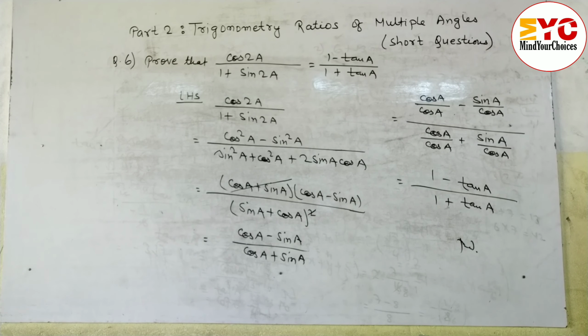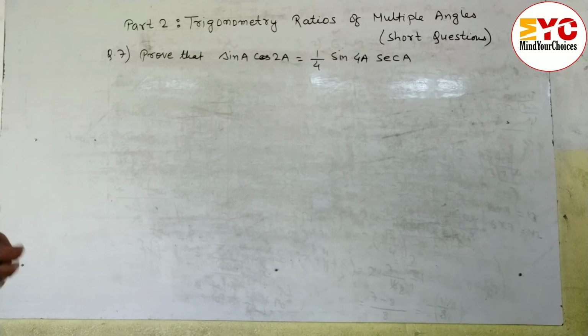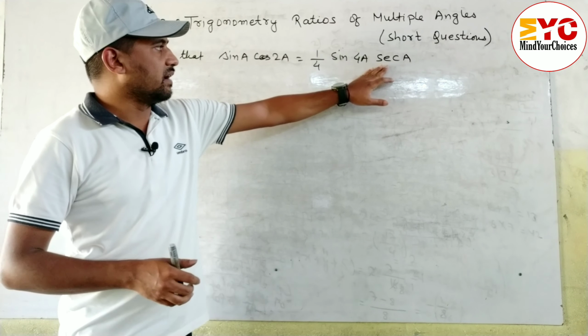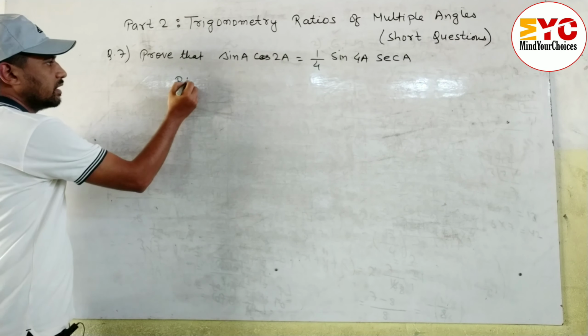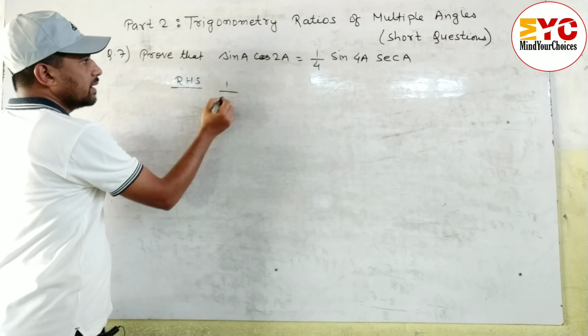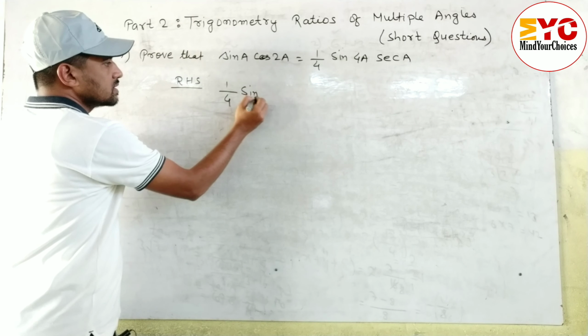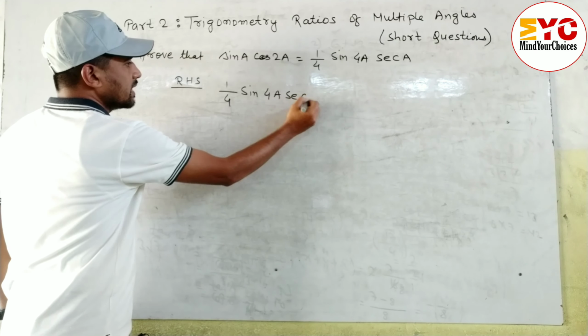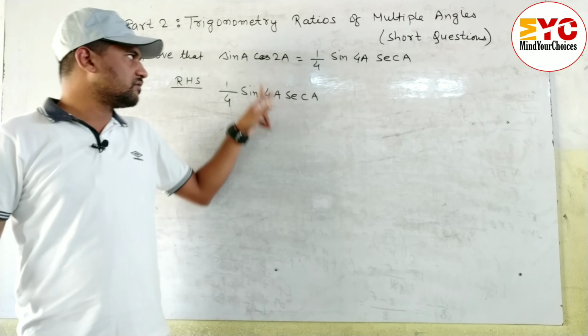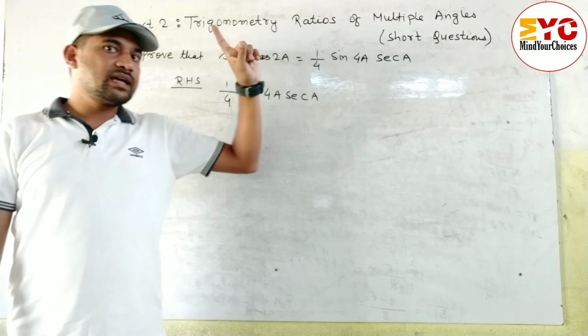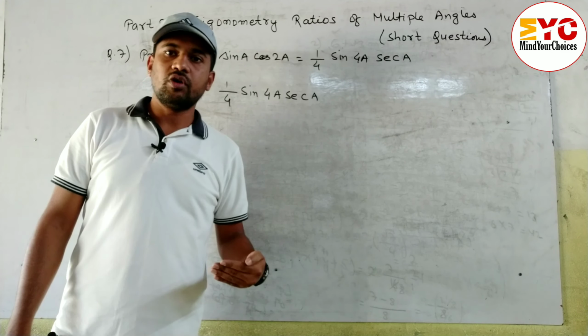Now look at the next question. Prove that sin A cos 2A is equal to 1 by 4 sin 4A sec A. I'm going to take the RHS here. Why take the RHS? Look here, 4A. It's easy to convert 4A in the form of 2A, but 2A is very hard to convert to 4A.